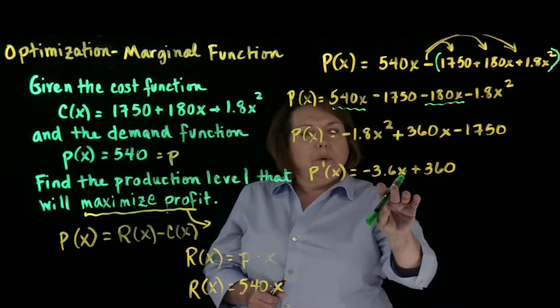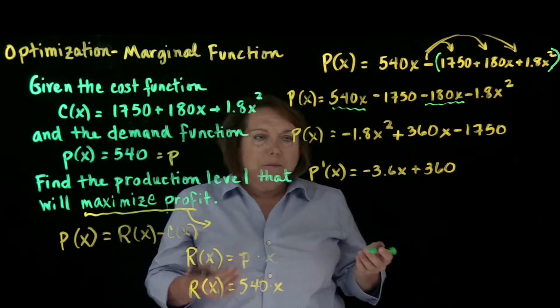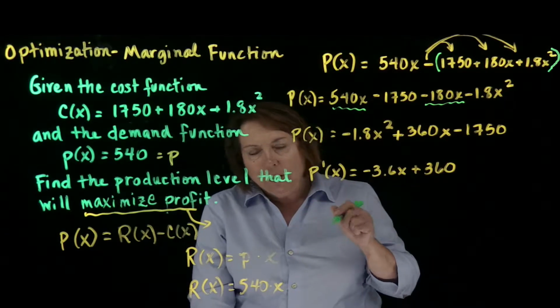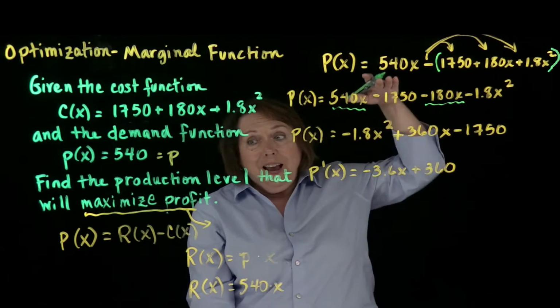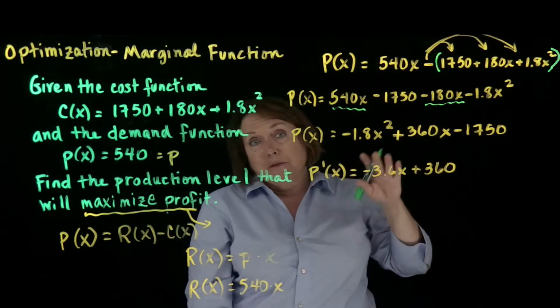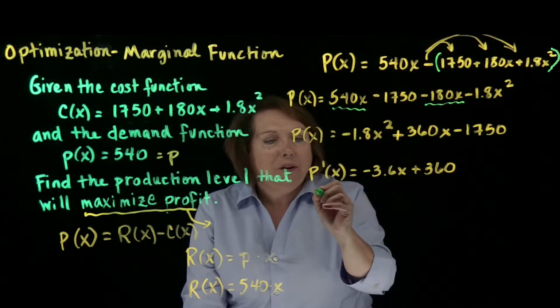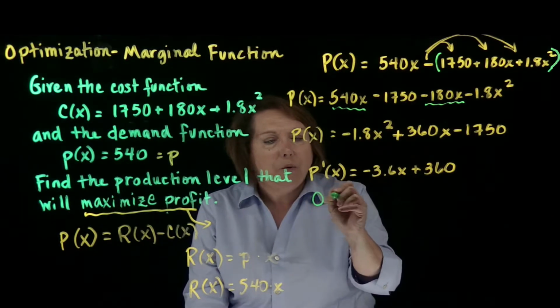All right, so what are we going to do? We want to maximize the profit, so we want to find the critical number. What's the value of x that is going to be at the peak in terms of profit? So we'll set the derivative equal to 0.